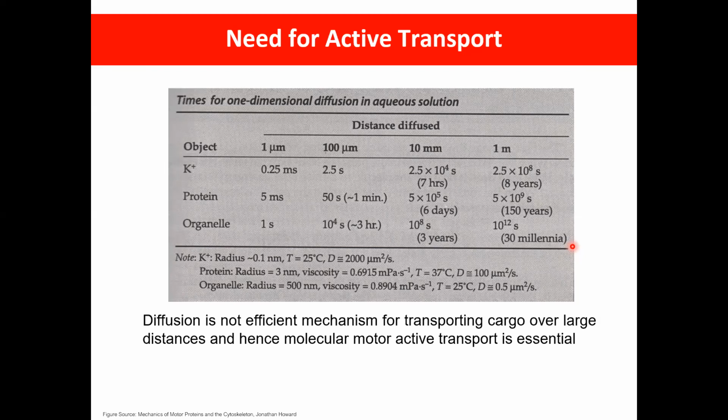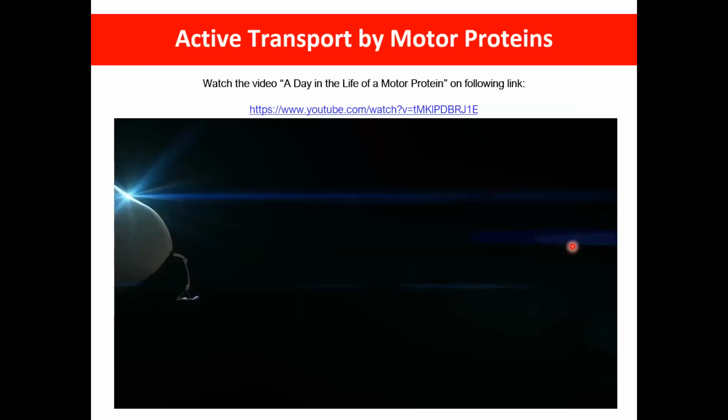What our cells do is use very specialized proteins, called motor proteins, to transport things from one place to another. So now I'm going to play a movie which shows the different types of motor proteins which our cells use for transporting things inside the cells.